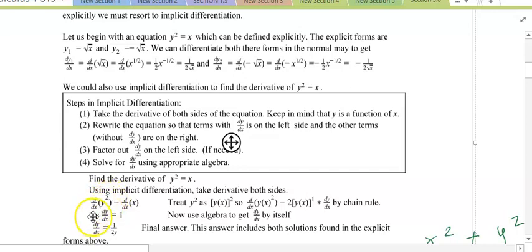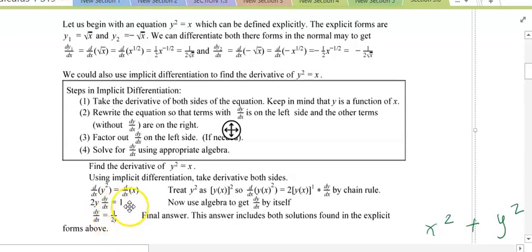So we bring the 2 over and the exponent down 1, so that'd be 2y, but then you have dy dx, equal to d dx of x, which is 1. Taking the derivative of x is equal to 1. So solving for dy dx, we have dy dx is equal to 1 over 2y, and this one solution is equivalent to the two solutions that we got when we did it explicitly.